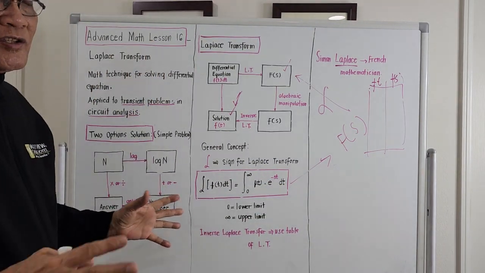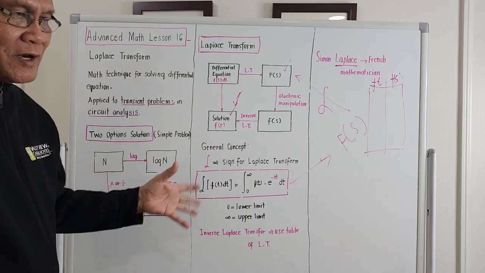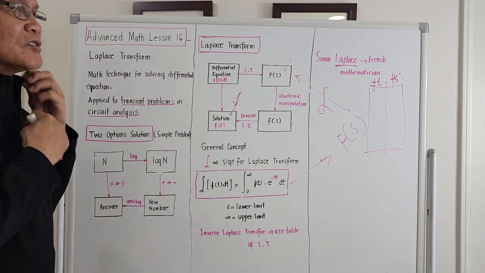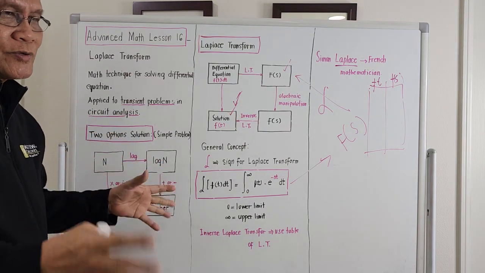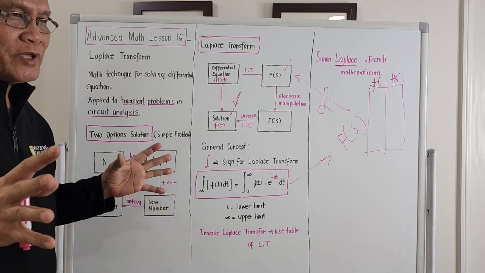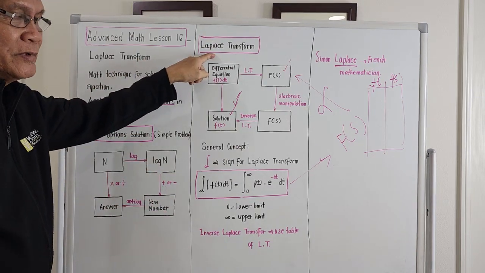So it's a must that you know how to integrate, and we passed integral calculus already. For those students who are taking up advanced mathematics, this is one of the important things under advanced mathematics, that is Laplace transform.